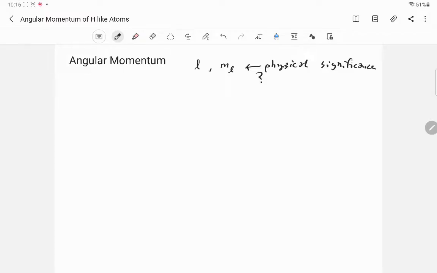In classical physics, a typical symbol used to designate angular momentum is capital L. It is a vector, and the way you calculate it in classical physics is with r cross p. So it's the angular momentum.